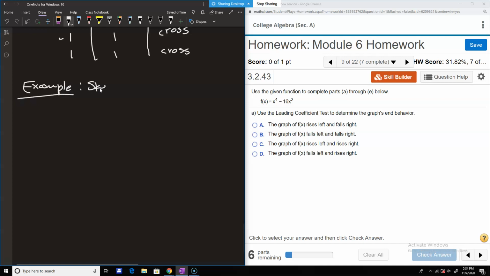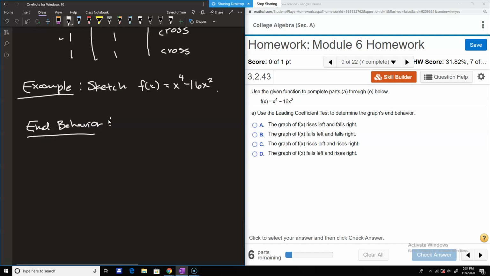So our job here is to sketch f of x equals x to the 4th minus 16x squared. So end behavior, let's start there. Our leading term in this case is x to the 4th.